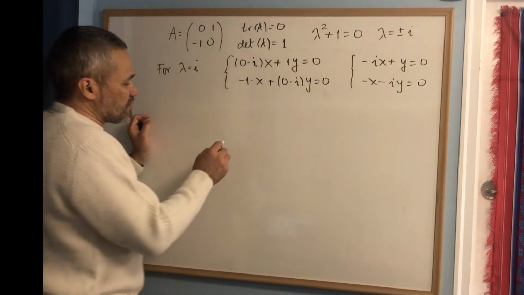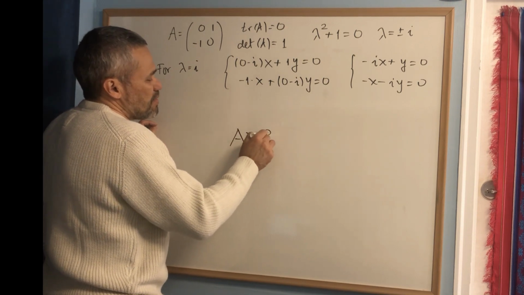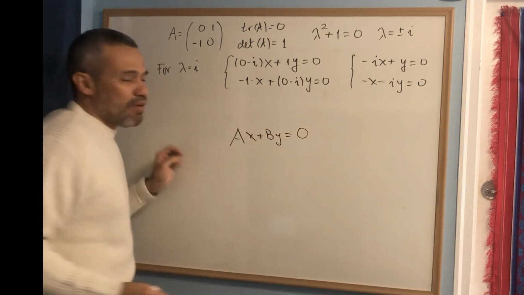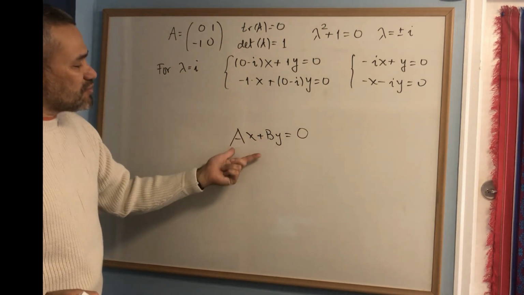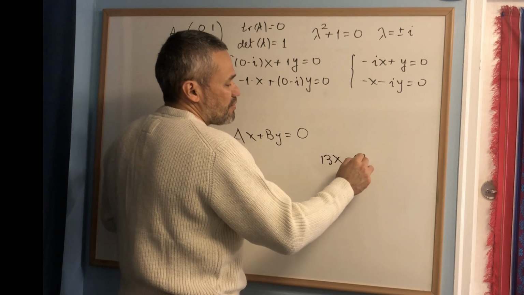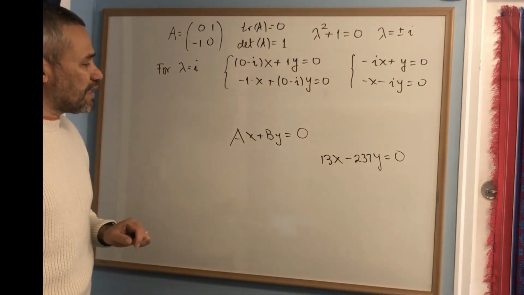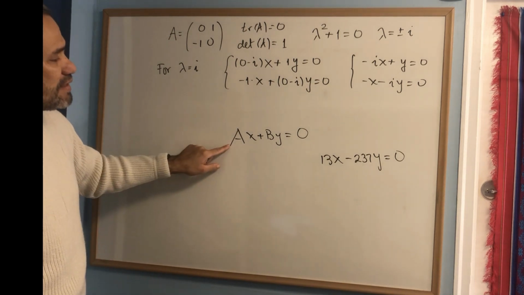Notice that if we have an equation that looks like ax plus by equals 0, how do we easily find a solution of this? Let's say that we have 13x minus 237y equals 0. How to pick a non-zero solution easily for this?